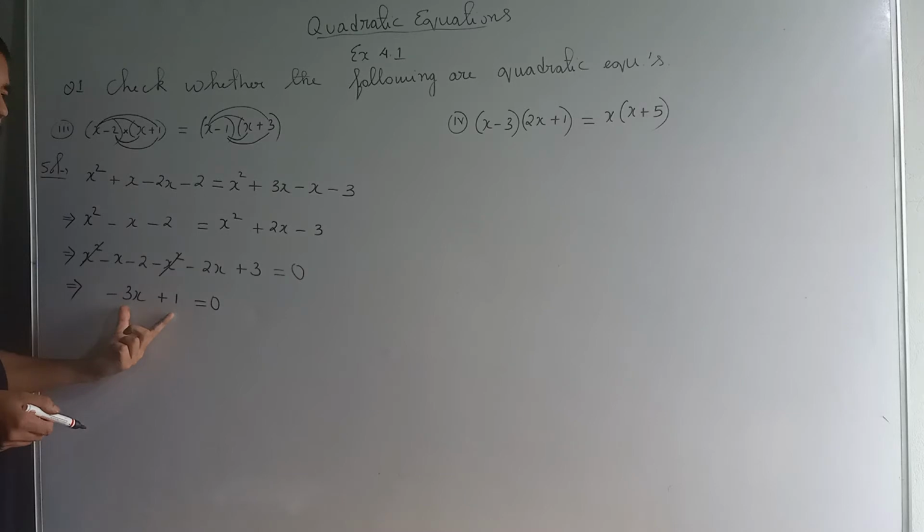Since in this equation the highest power of the variable is only 1, that means it is not in the form of ax squared plus bx plus c equal to 0. It is not of this form because the term containing x squared is missing. That means a is 0.